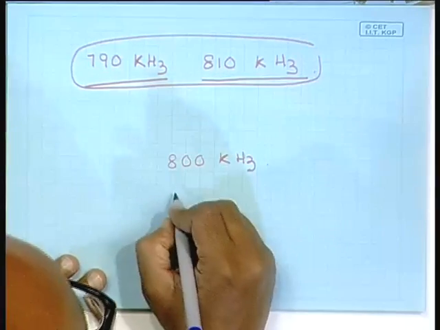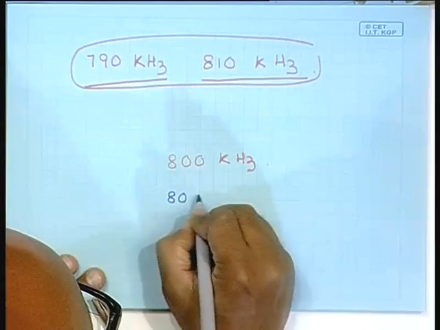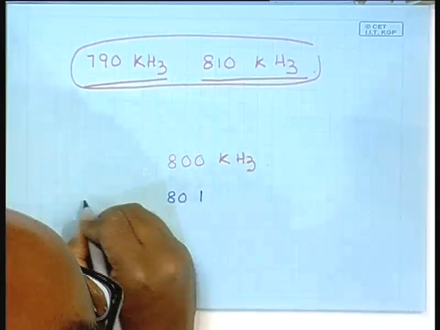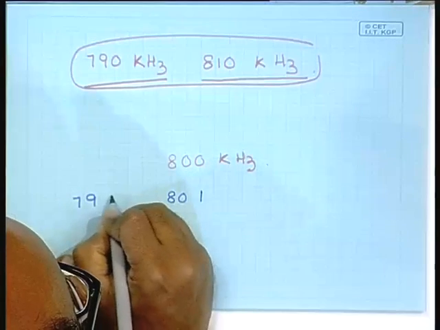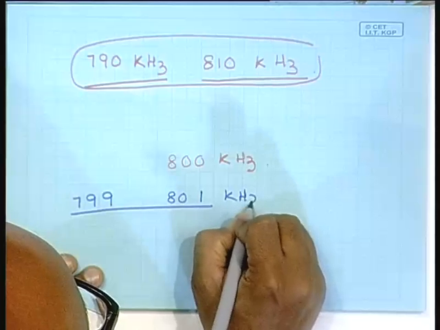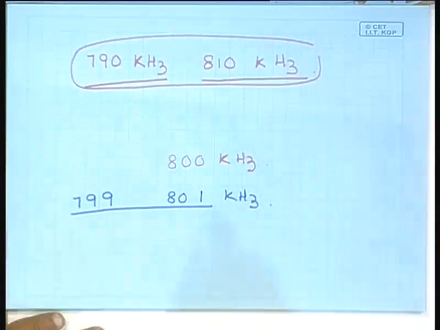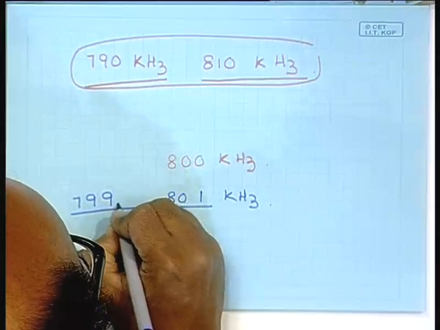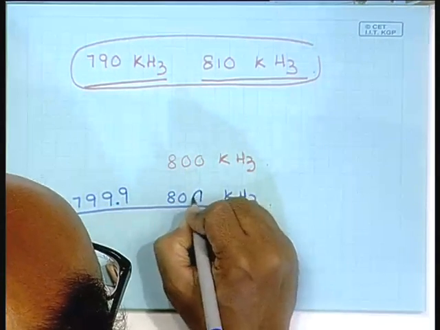So, suppose my resonance is so narrow that my receiver is tuned only to the frequency range 799 to 801 kilohertz. Or let us say even smaller, 799.9 to 800.1.